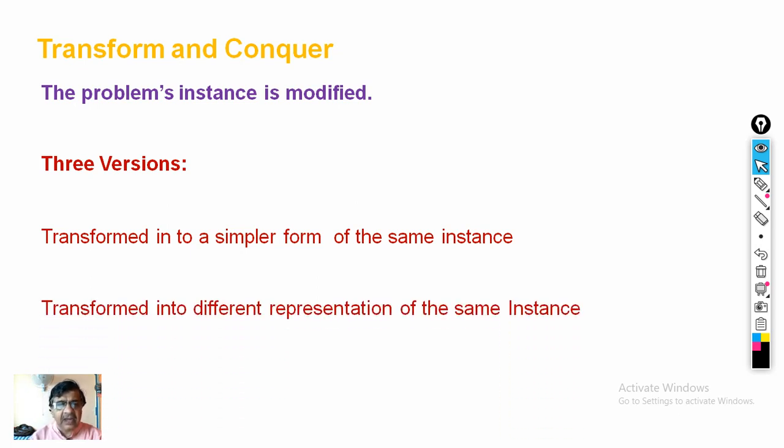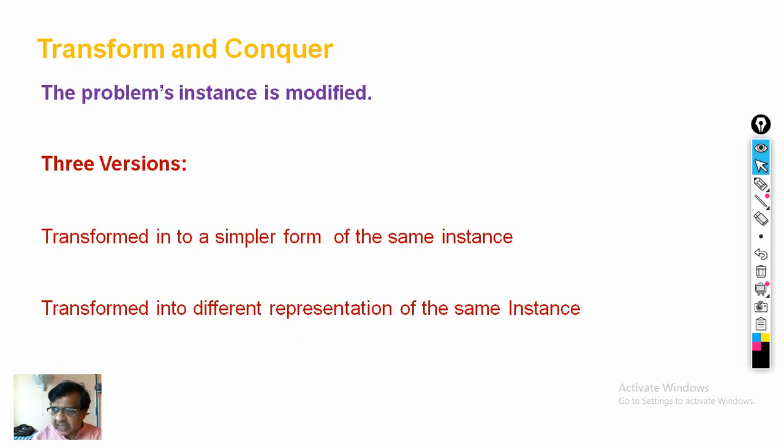The second version in transform and conquer is that the instance of the problem is transformed into a different representation. That is, if it is an array related problem, it is presented in the form of a tree, or if it is a tree related problem, it is presented in the form of an array.